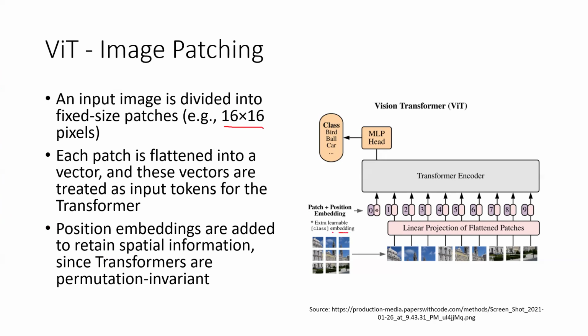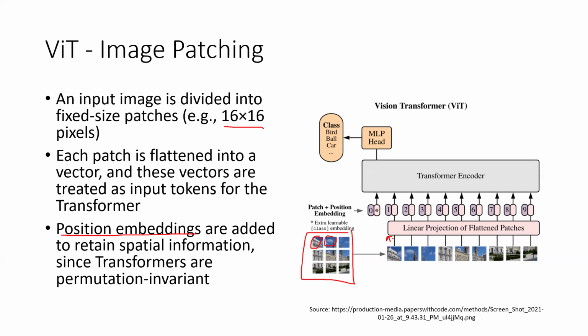For example, if you take this image, you can divide it into small patches and apply a linear projection to the flattened patches. That means the pixels in each patch are flattened into a single dimensional vector, and each flattened vector is considered as a token, similar to the word embedding token, which is then added to the positional embedding.